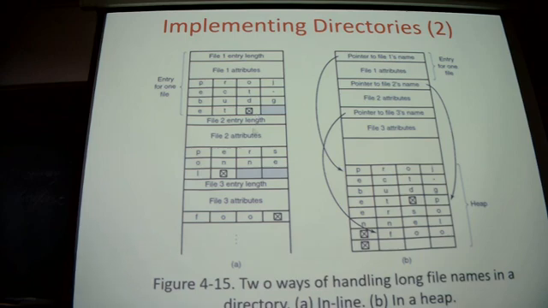We also said that this is free. Free means that we waste space. For example, in file 2, this is the end of the file name, and these two blocks are free. We just waste the space.